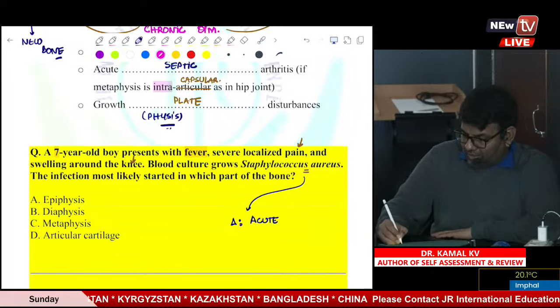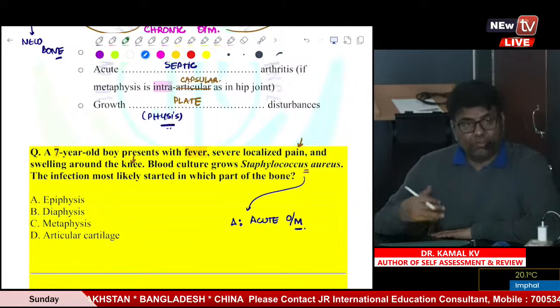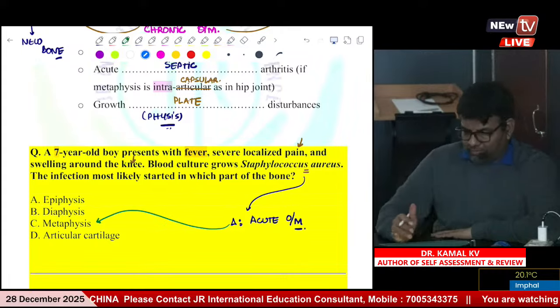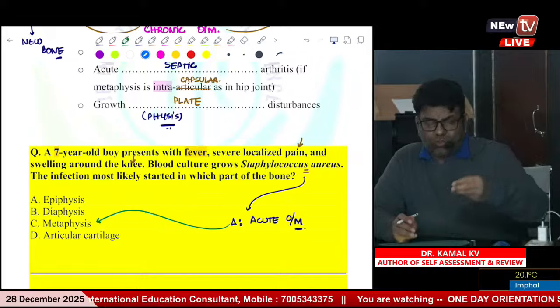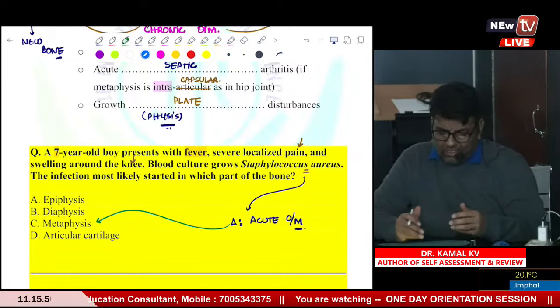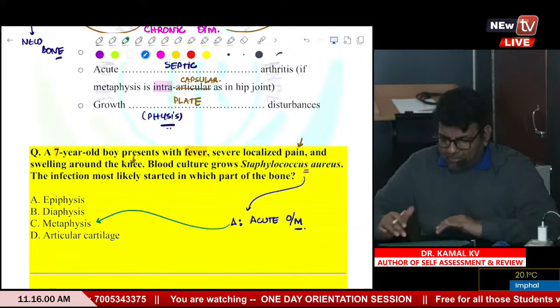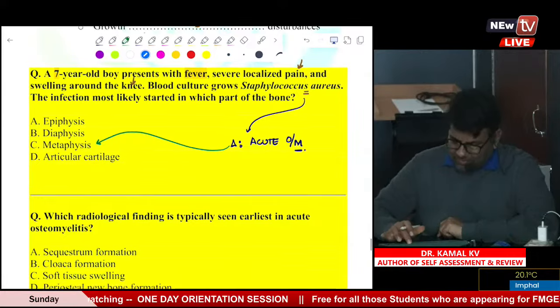Acute osteomyelitis. Very good. And we know that acute osteomyelitis involves which part of bone? Metaphysis. In older times they usually framed it as the most common site of acute osteomyelitis, but nowadays they are simply creating a clinical scenario and then asking that particular thing.